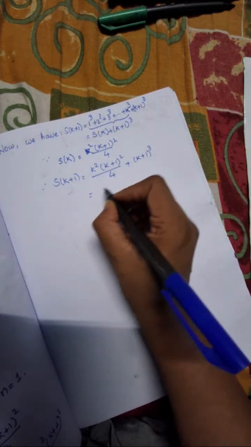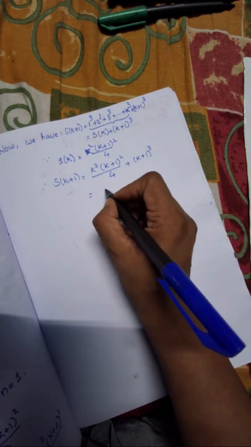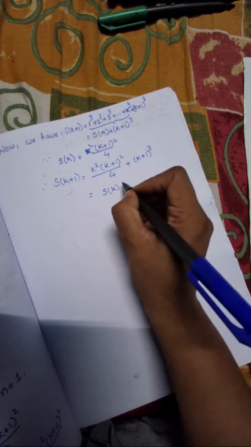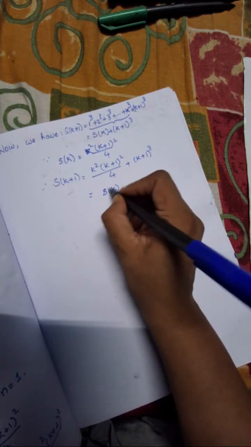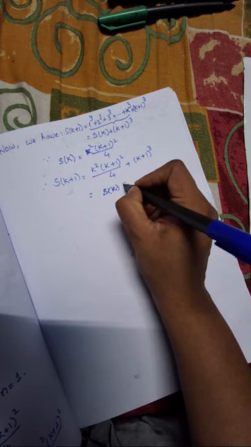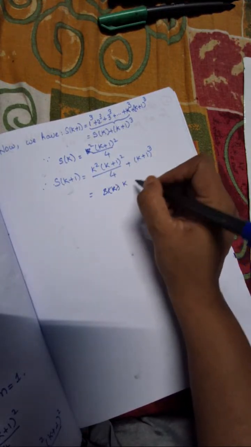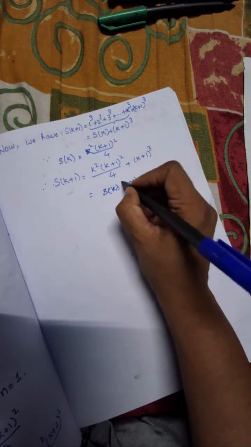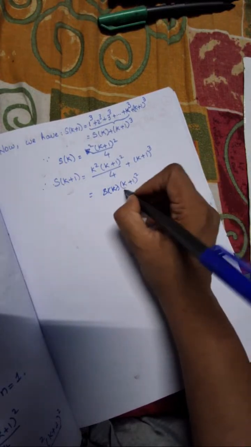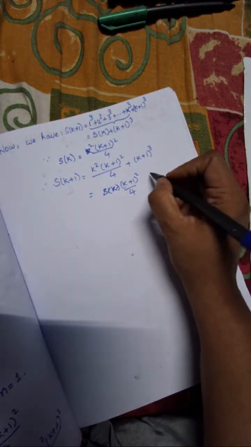This can be written as, we can take (k+1)² common, (k+1)² common by 4 as it is I am writing here.